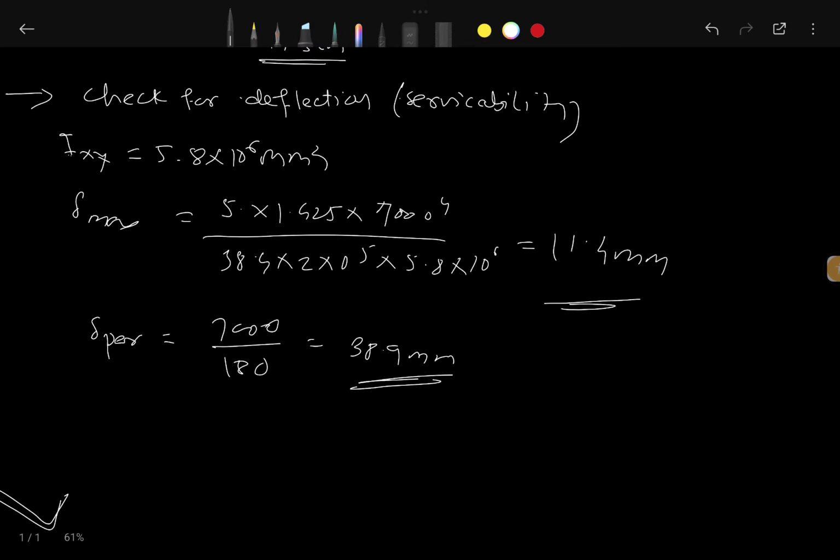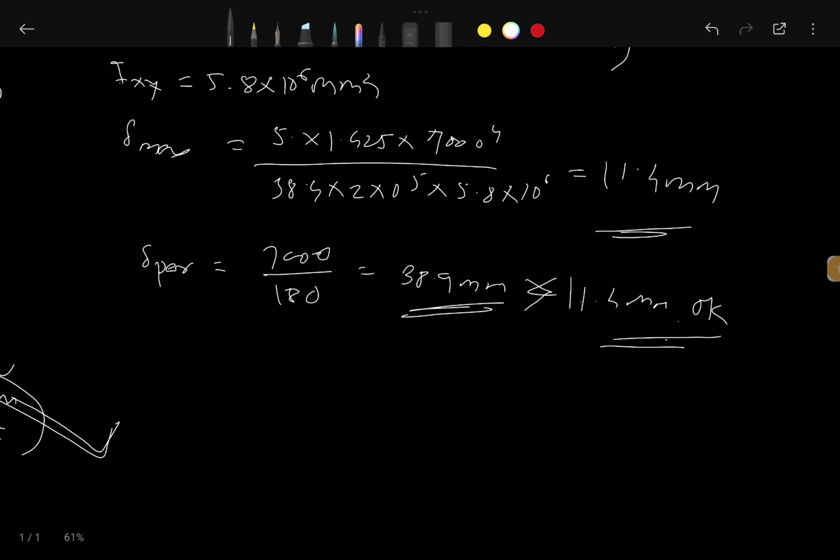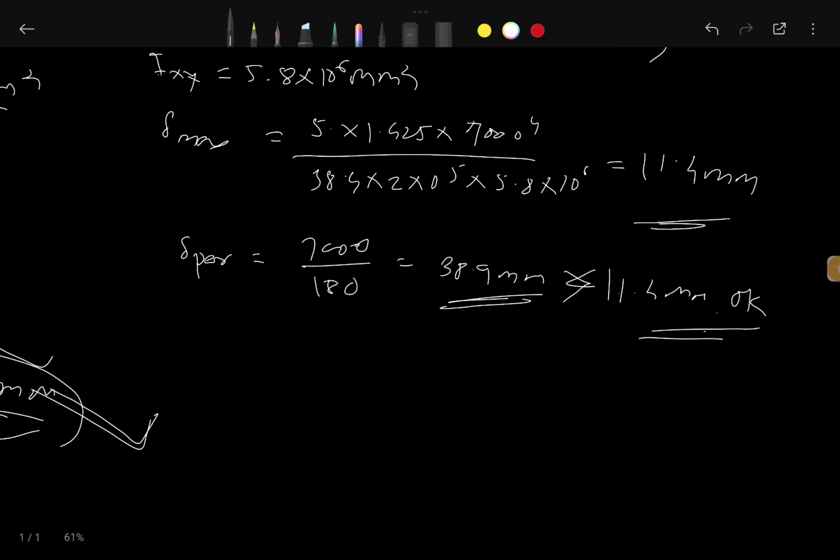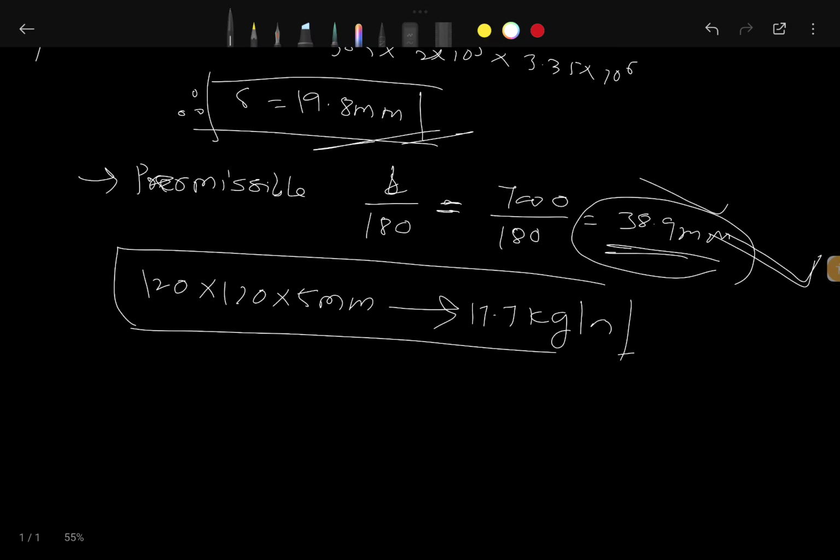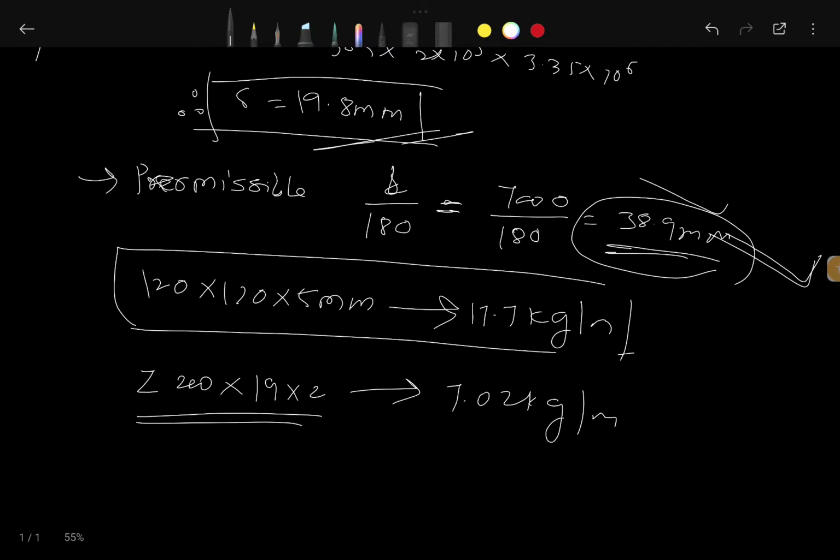So this 38.9 mm is greater than 11.4. That is okay, okay for deflection also. If you see this Z Purlin, we use Z 200 by 19 by 2, and the weight will come 7.02 kg per meter.